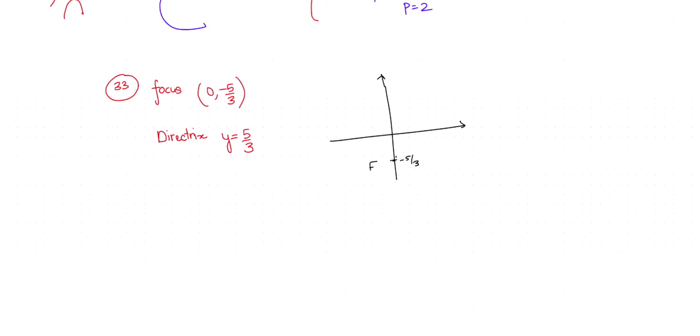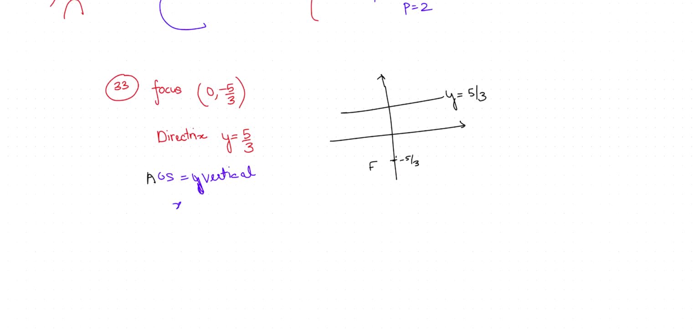So when the directrix is the line y is equal to 5 by 3, it means that it has a vertical axis of symmetry. This is because the axis is always perpendicular to the directrix, so it is vertical, and it is like x is equal to h.